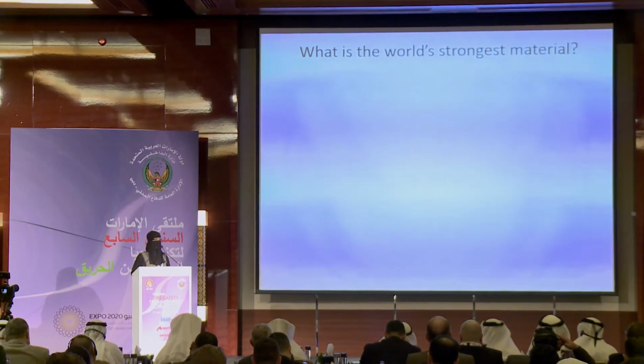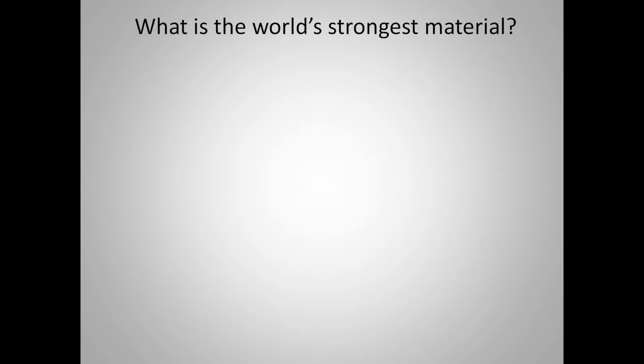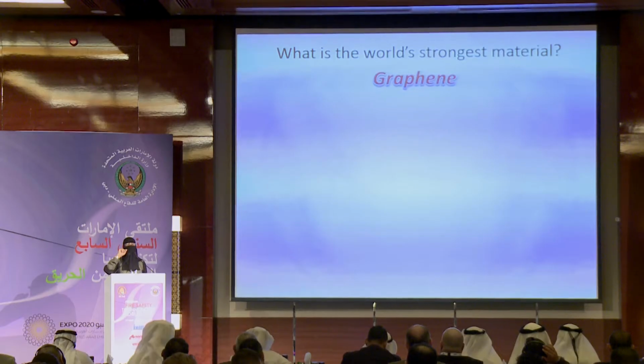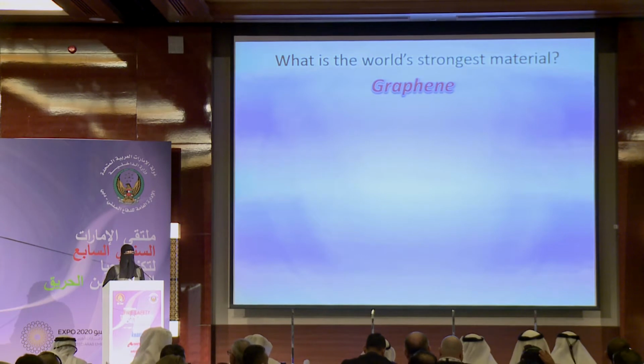Well, now the question is, what's the world's strongest material? Is it a diamond, steel, or iron, or what? Have you heard of graphene? It's a nanomaterial, a nanoscale material.